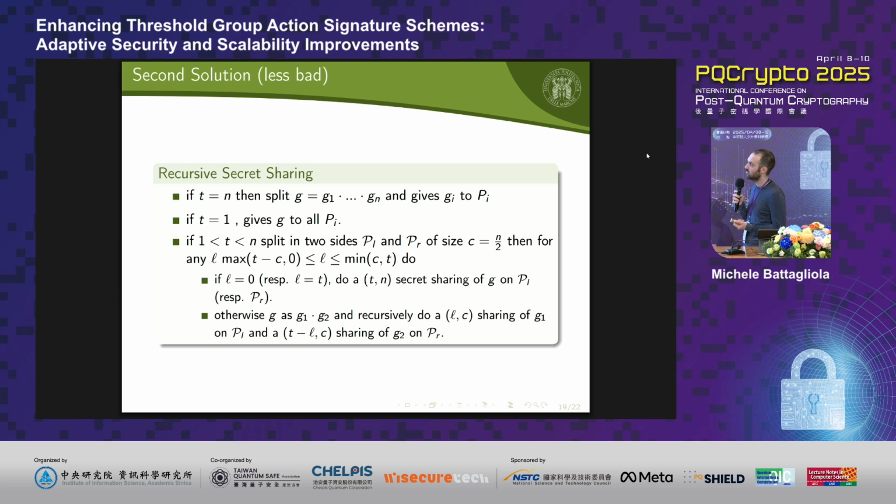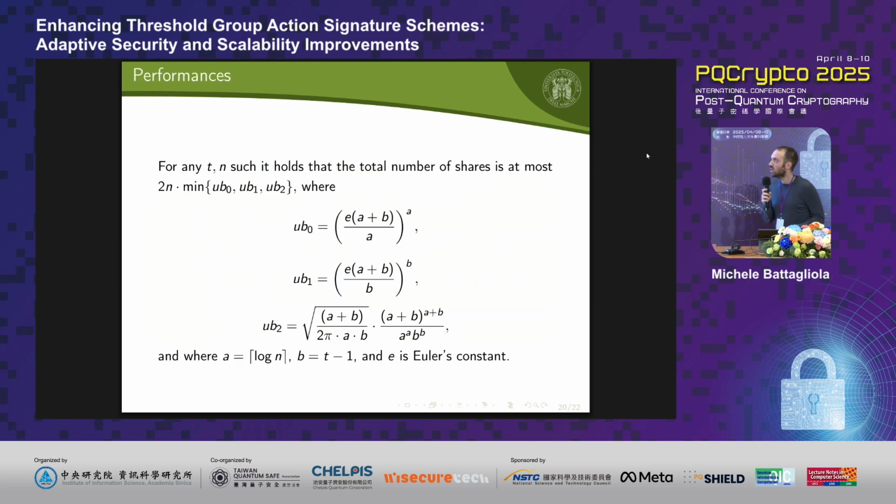By doing it this way, you obtain many interesting properties. The first one is that you're reducing the number of shares quite drastically. This is an upper bound. In practice, if I remember correctly, UB is the most common upper bound of the number of shares, at least when the number grows.